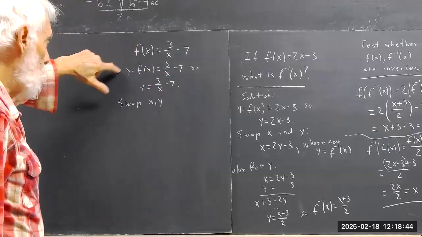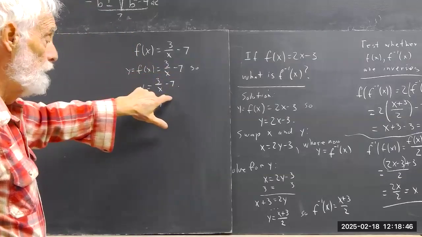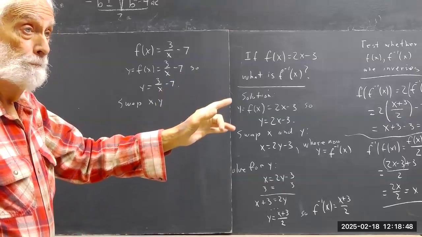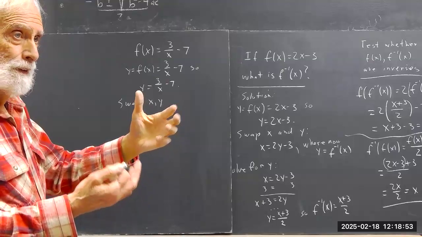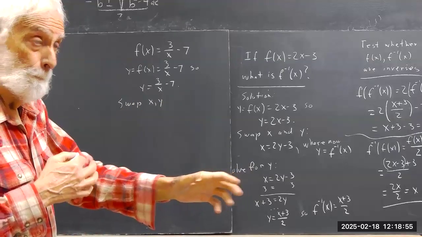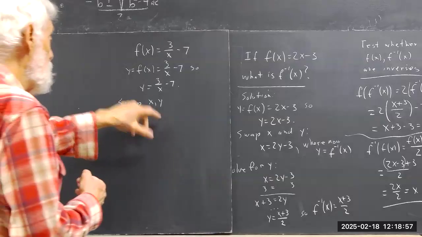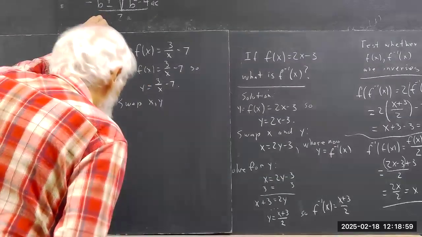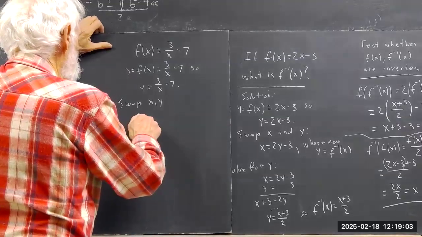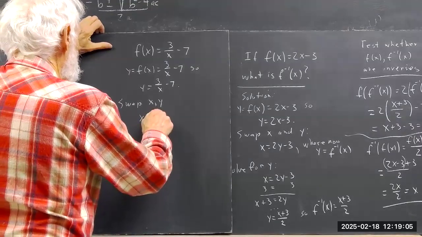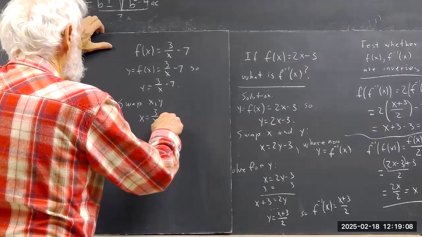We choose to let y equal f of x so that now we have a y and an x so that we can swap. And we get x equals 3 over y minus 7.